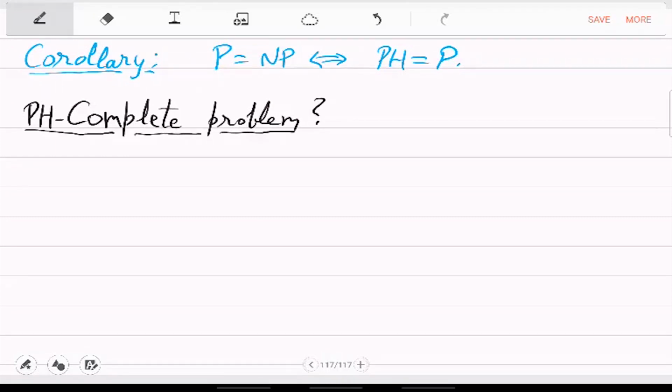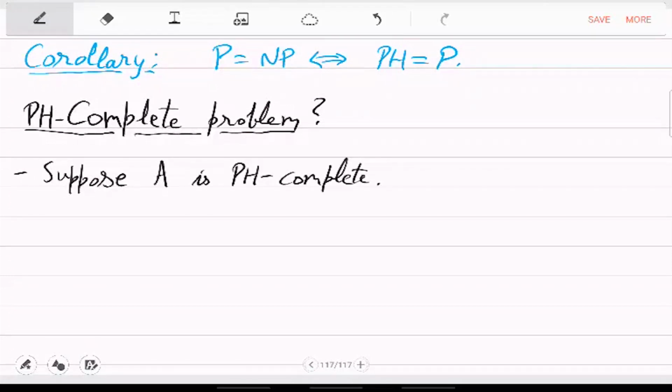So is there a PH complete problem? Like NP completeness, is there also PH completeness? Now suppose there is. Suppose A is PH complete, under polytime reductions.